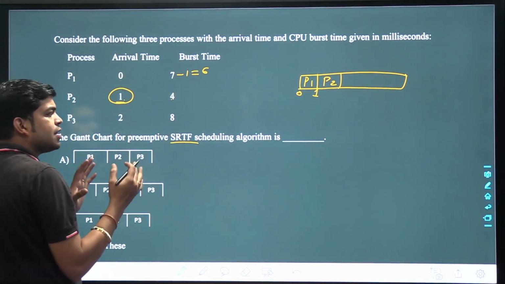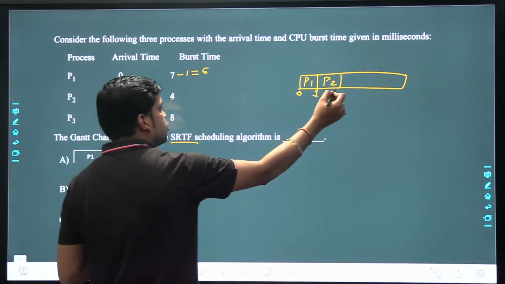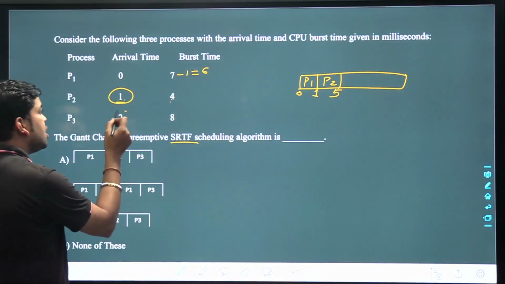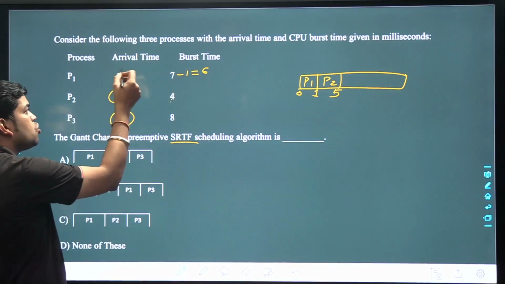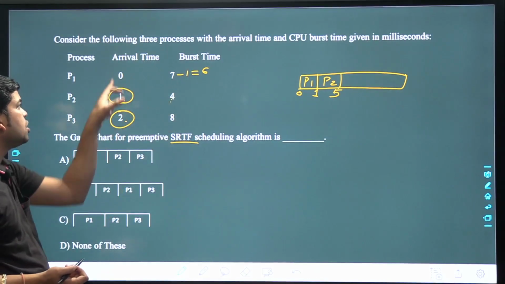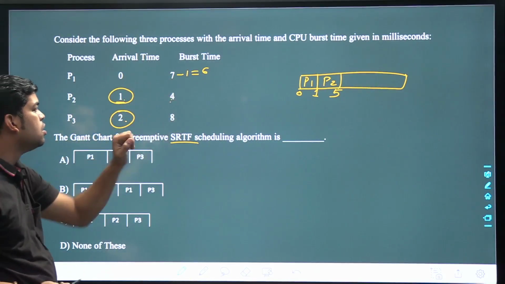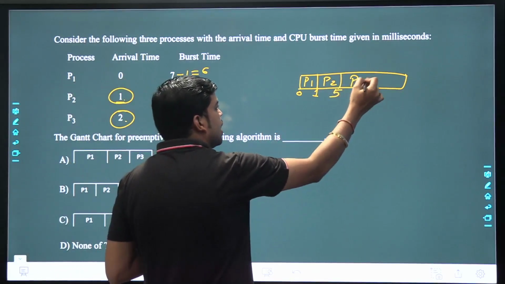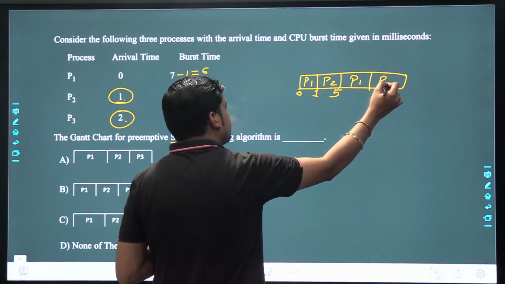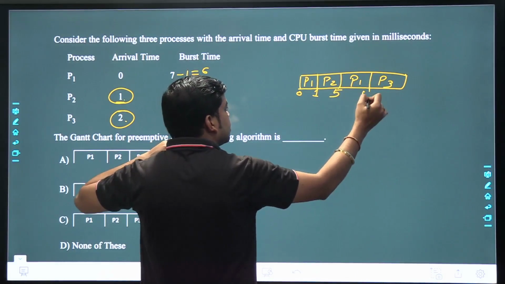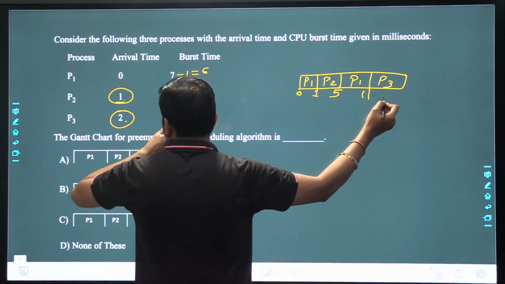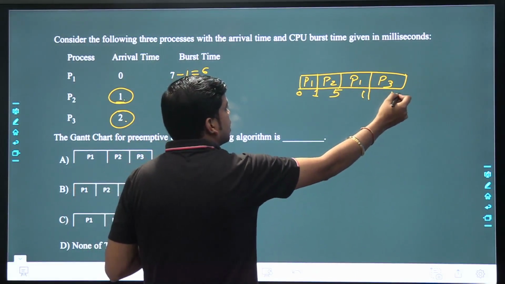So, P2 will execute completely for 4 units of time, that is up to 5. Then P3 arrives at time 2 and P1 already exists. The burst of these two is minimum for P1, so next we execute P1 and then P3. The remaining time of P1 is 6 and the remaining time of P3 is 8. So, that is 19.